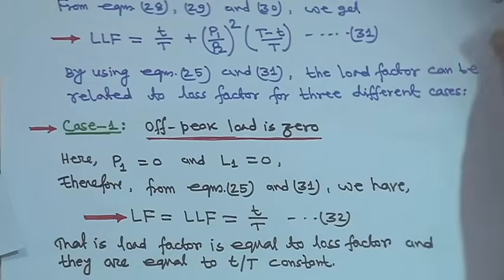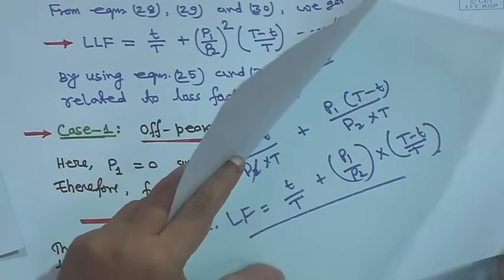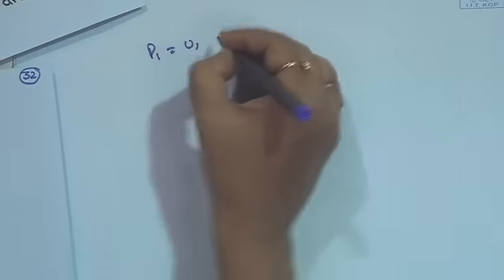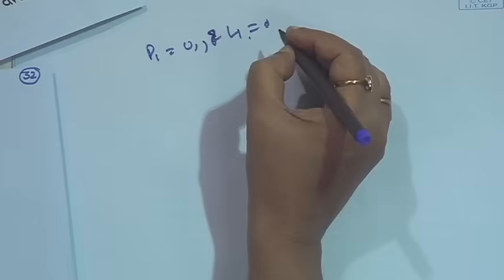Taking equation 25 for case 1, where off-peak load is 0, P1 is equal to 0 and L1 is also 0.